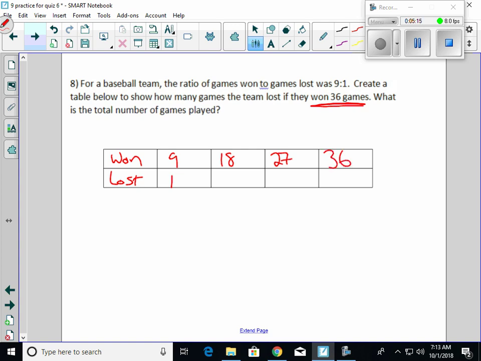And for the losing row, I'm going to go up by 1s. Then I'll go back and look at the question. The question says, what is the total number of games played? I'm going to have to add up 36 games that they won plus 4 games that they lost. They played 40 games in total.